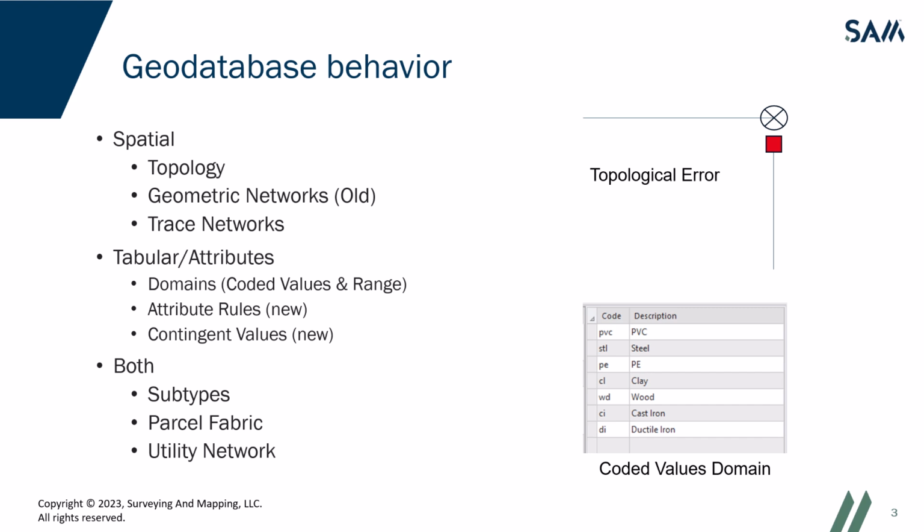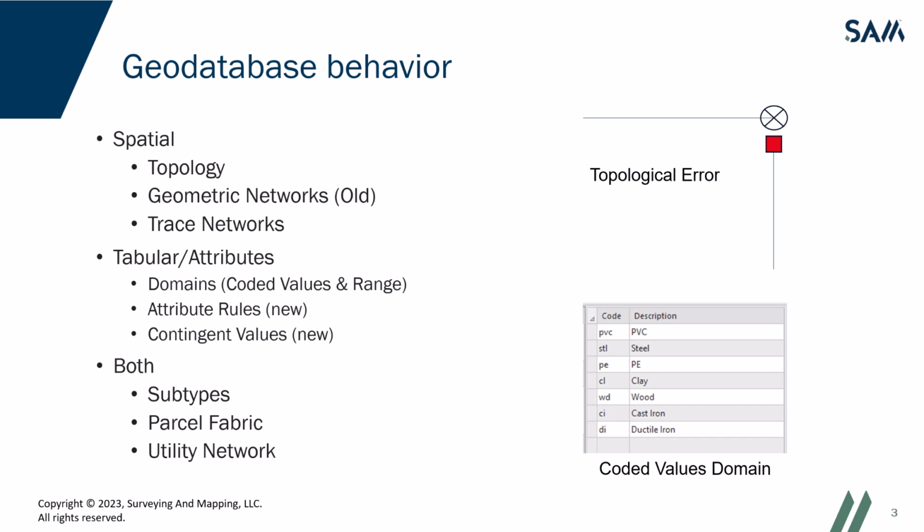So we want to make sure any data that we're using to do analysis, to visualize, to share, whatever it is we're doing, is as clean as it possibly can be. And this is where behavioral rules are important. The geodatabase supports a lot of different types of behavior to help ensure your data is as clean as it possibly can be. So this is unique because we don't see this in other types of GIS data.